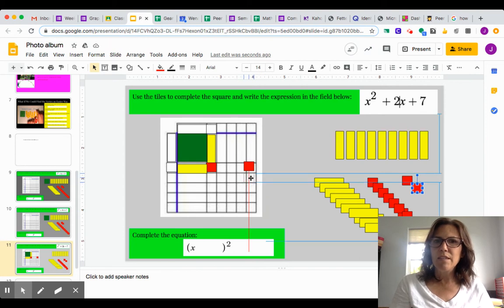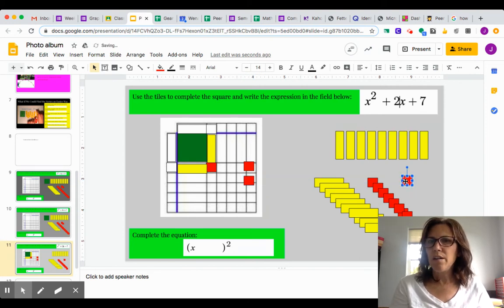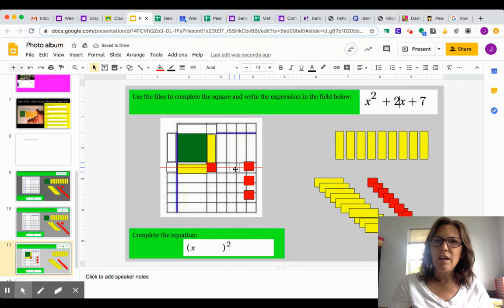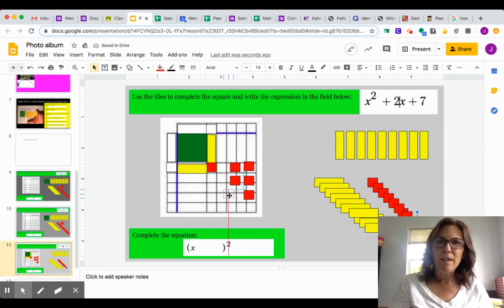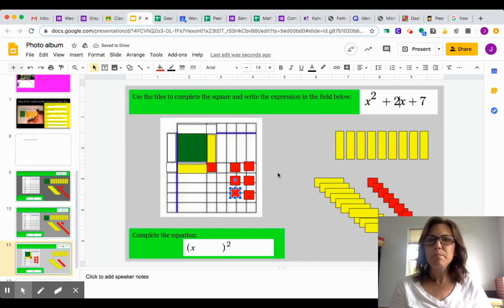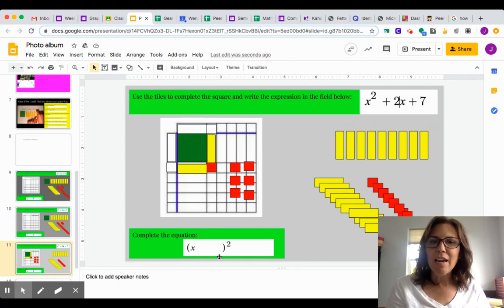But 6 of them don't really fit to make that square. So I'm just kind of gonna leave them out here. They're kind of just extra pieces. They're definitely part of my expression, but they are leftover from kind of what I needed to complete this square here. So now I'm going to actually make the equation.